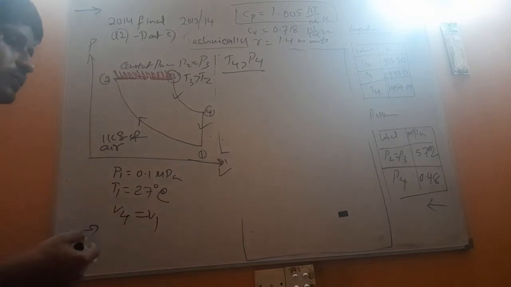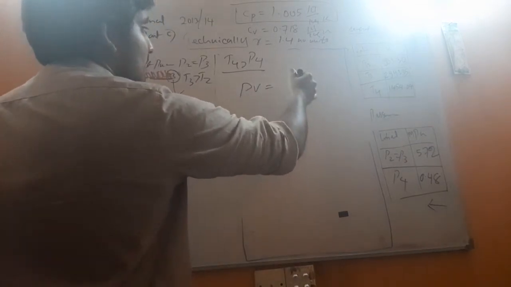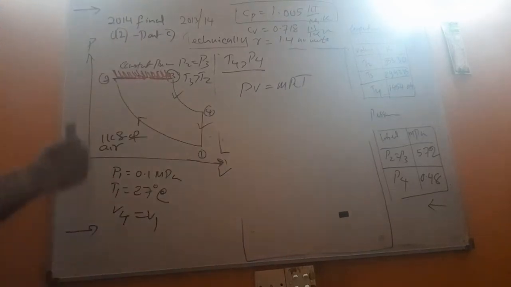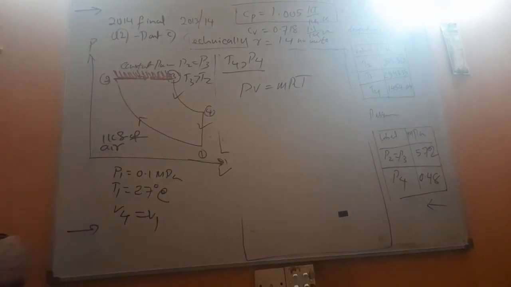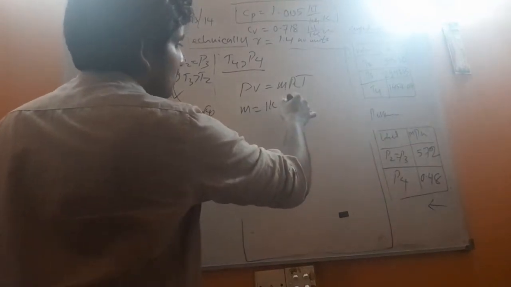We can use the ideal gas equation, PV equals MRT. What is the mass that we are going to consider here? 1 kilogram of air, M equals 1 kilogram.